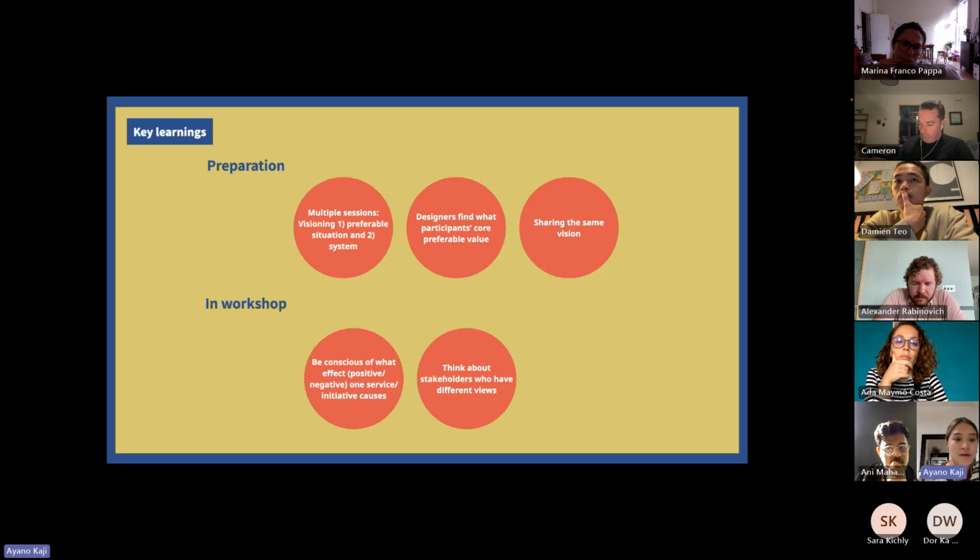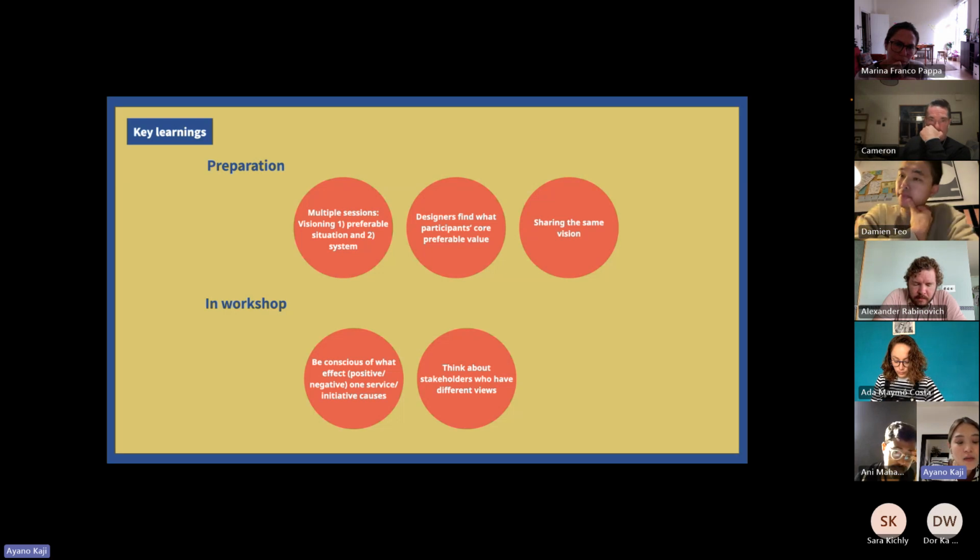And in terms of sharing vision, a designer merging and digesting participants' points of view from previous activities will help to co-design the preferable system.